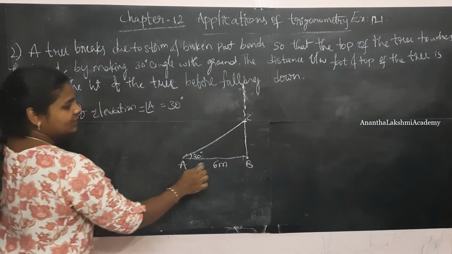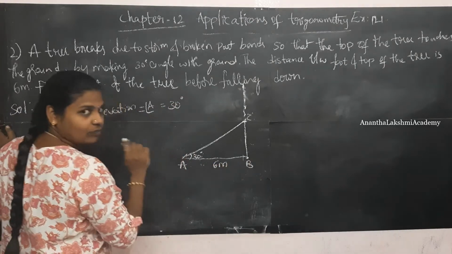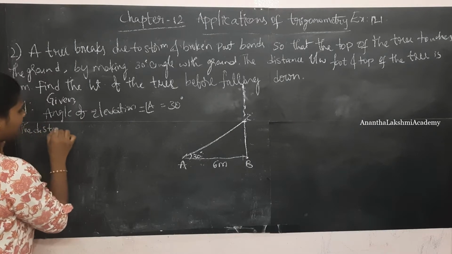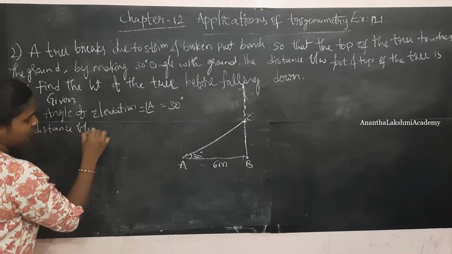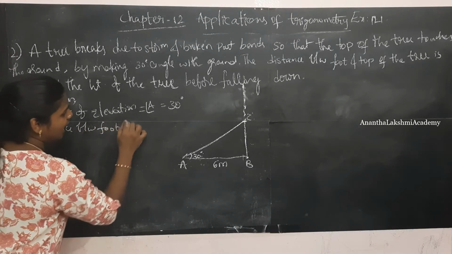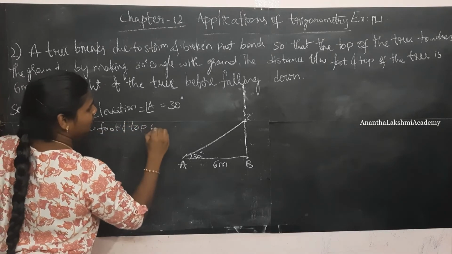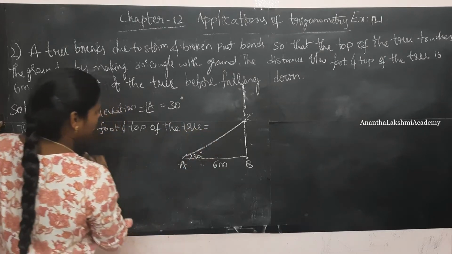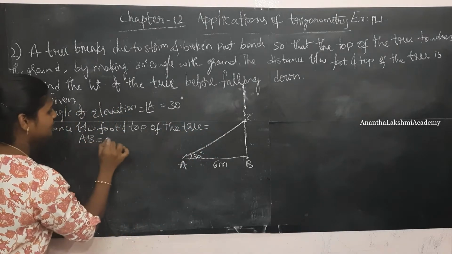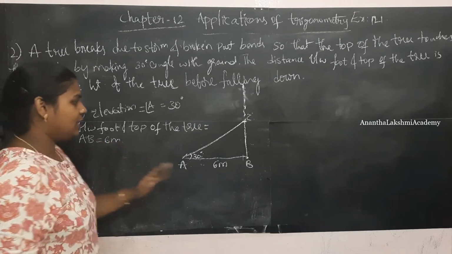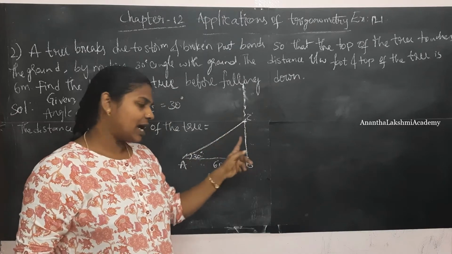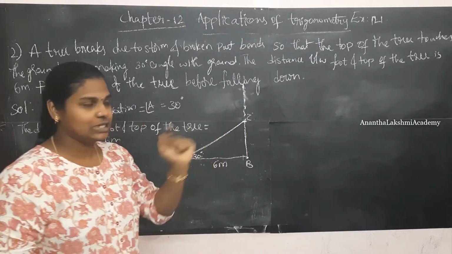Now the distance between foot and top of the tree is equal to AB, which is 6 meters. So we need to find this and this. If we add AC and BC, that is what the solution is going to be.